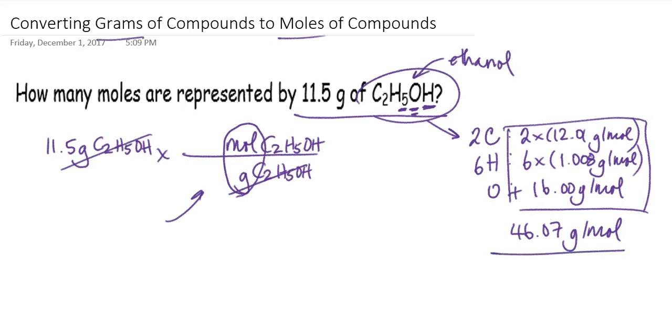As I said, I want to include the mass, the 46.07 grams, in the denominator in this case, per every 1 mole of ethanol. So I would take 11.5, divide by 46.07, and if I do that, I should get the number of moles of ethanol. If I do that math, I get 0.250 moles of ethanol.